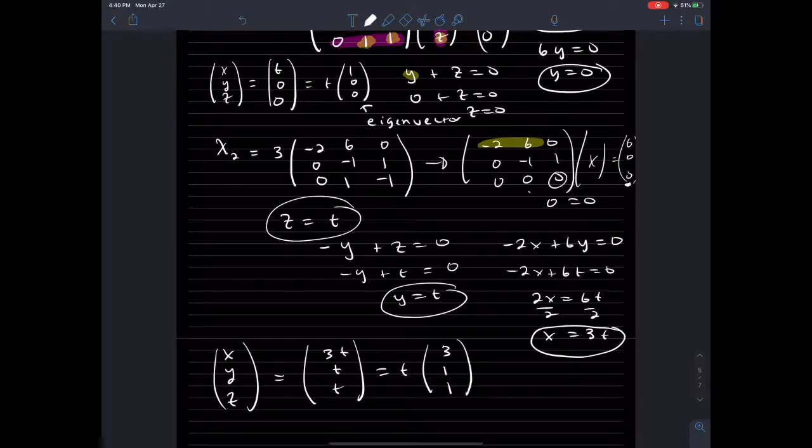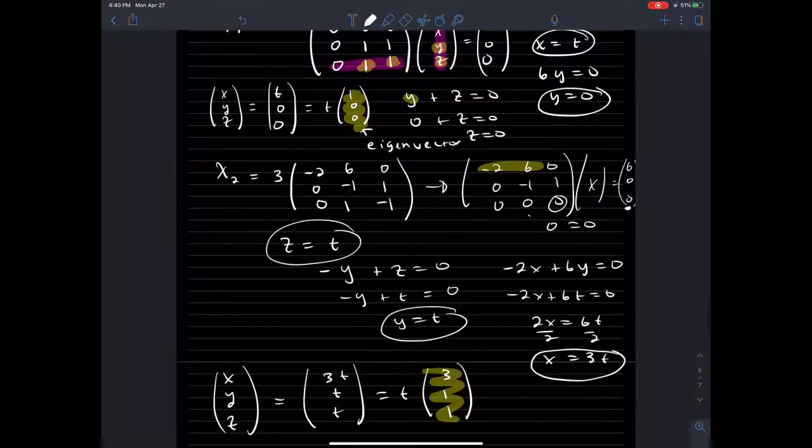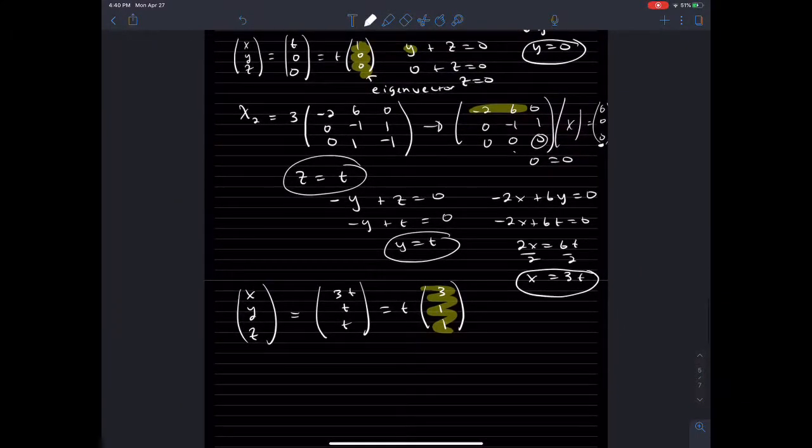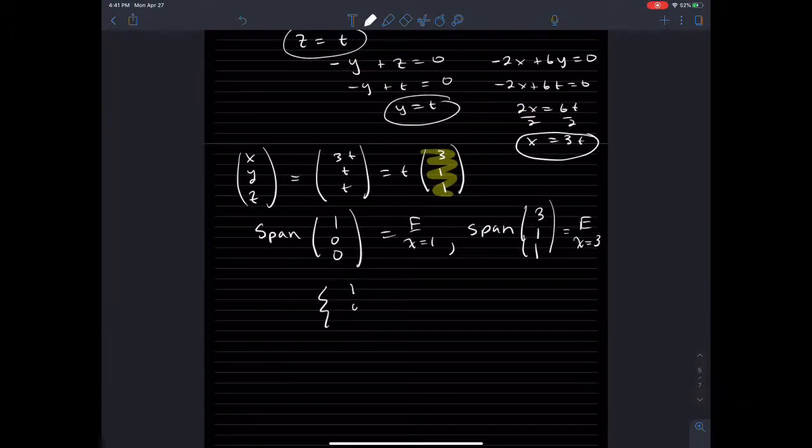There's my second eigenvector. There's 1, there's 2, and that's it, because we only had 2. So my set of eigenvectors is 1, 0, 0, comma, 3, 1, 1. Okay, next example.